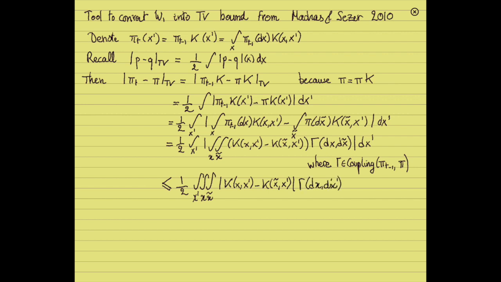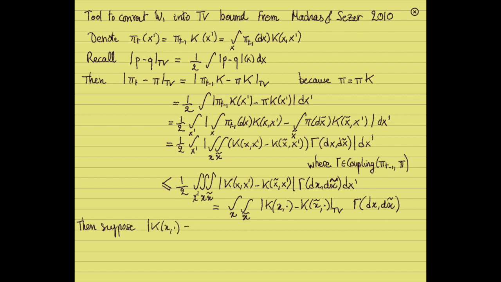And we write one half of a triple integral of the absolute value of the difference between the kernel densities with respect to the joint distribution gamma. And we recognize again the total variation distance between the distribution k(x, dot) and the distribution k(x tilde, dot) integrated over x and x tilde.